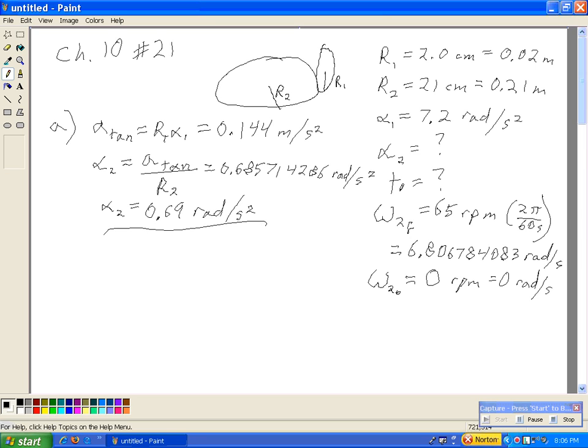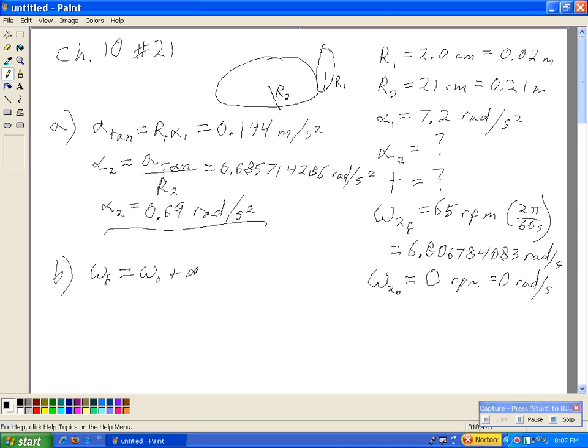Part B is how much time it takes to get to 65 revolutions per minute, which I converted to radians per second, 6.8. So looking at the formulas, we want to find how much time it takes. I'm going to use this formula.